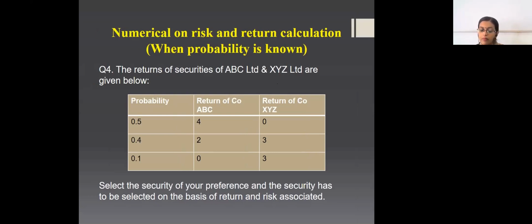In the table, they have given you the probability, the return of company ABC and the return of company XYZ, and they have asked us to select the security of your preference, and the security has to be selected on the basis of return and risk associated. So I have to keep both my returns and risk involved in the company to select whether to select company ABC or company XYZ.